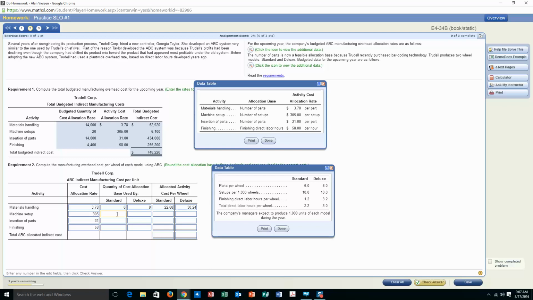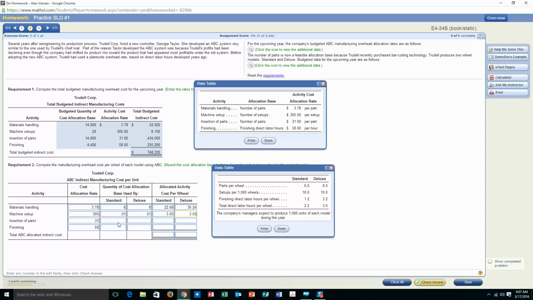So 10 divided by 1,000 is 0.01, and I know that's unusual, but that's the way that's calculated. It's also the reason that I'm helping you do this particular problem. Now I'm going to multiply this, so it's 3.05, and then the rest I think you can figure out on your own.